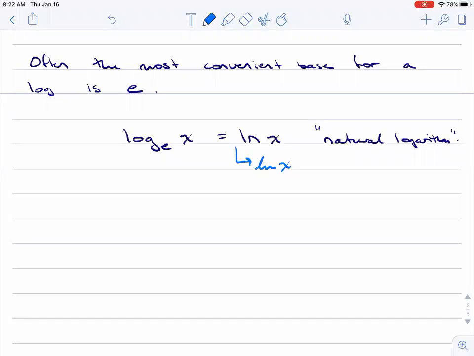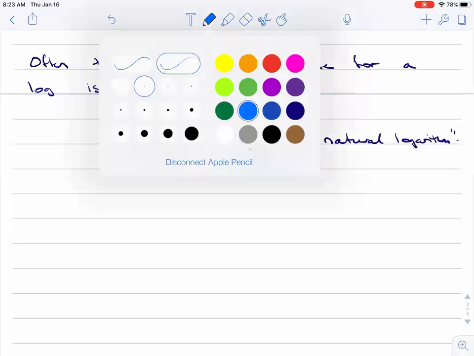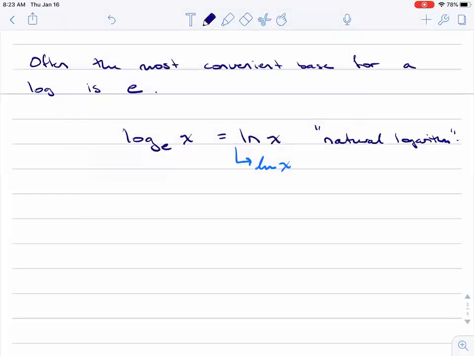I try to call it the natural log, but sometimes I'll slip up, and when I say log, I'll probably mean the natural log. So I apologize, and I try to stay on top of that, but it's tough. Old habits die hard.